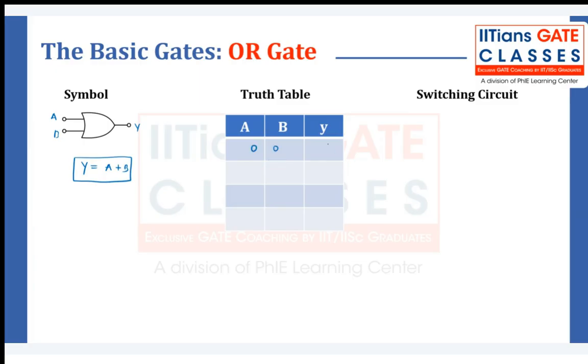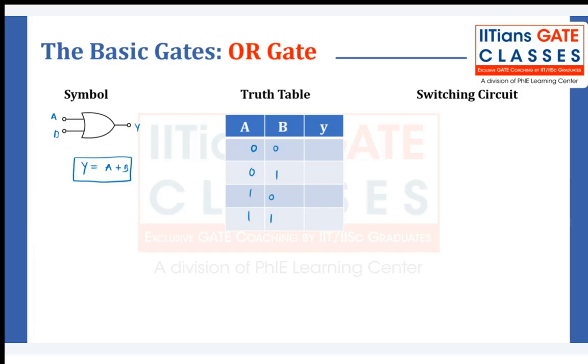Can you fill the truth table quickly? 0, 0: can you tell me the value of Y? 0, 0, 0, 1, 1, 0, 1, 1. Tell me the value of Y quickly, all four. Is it 0, 1, 1, 0, Rohit?